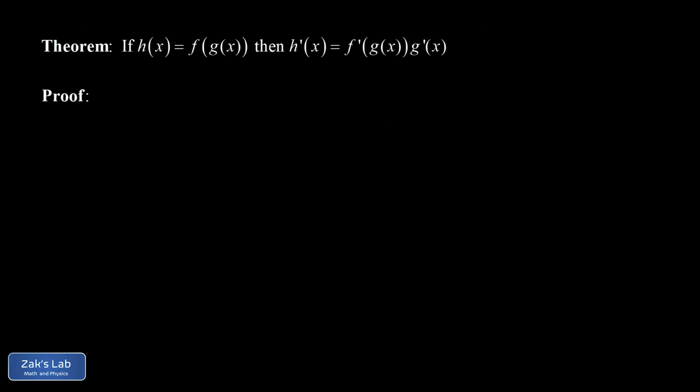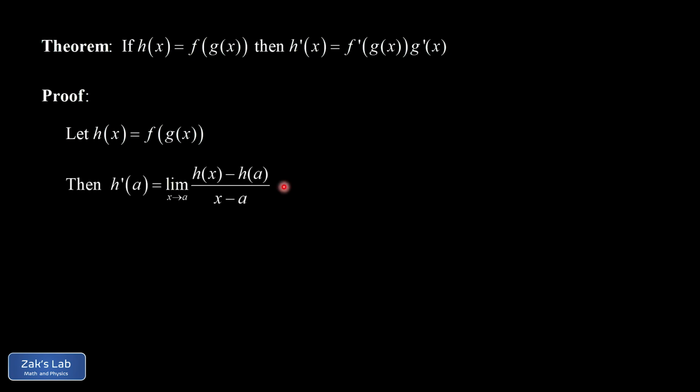So we have this theorem that we call the chain rule. If h of x is f of g of x, then h prime of x is f prime evaluated at g of x, then multiplied by g prime of x. To get the proof started, we say let h of x be this function composition f of g of x. Next, we need to write down the derivative using the limit definition of the derivative.